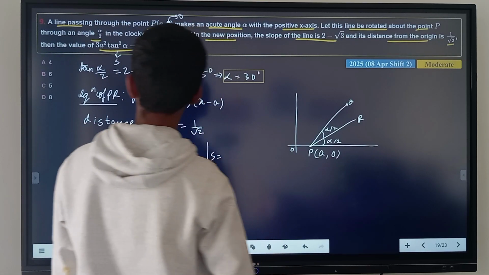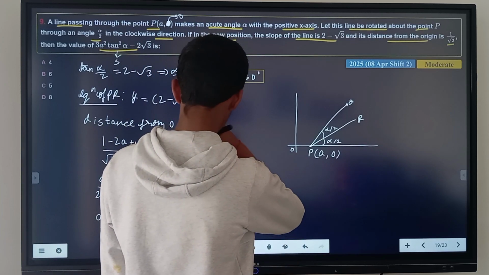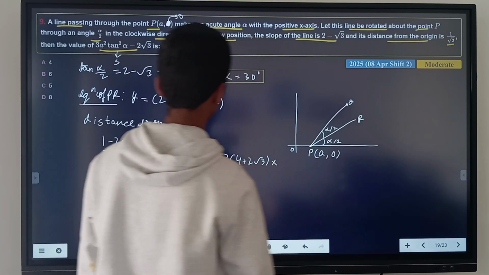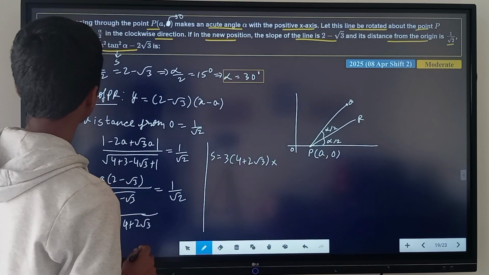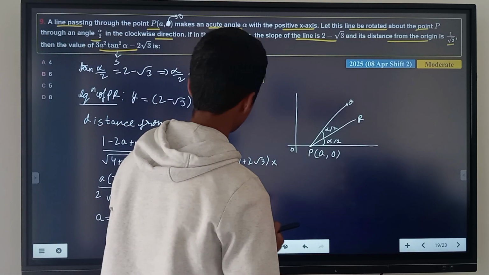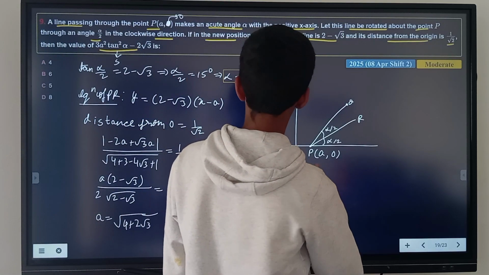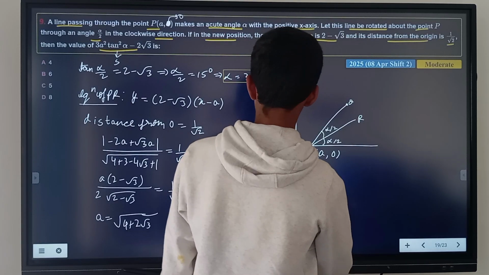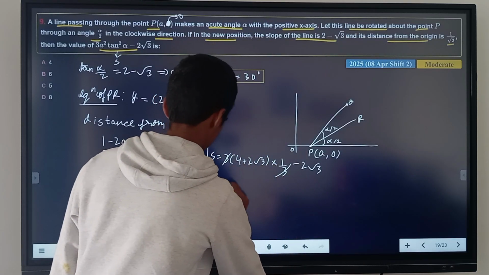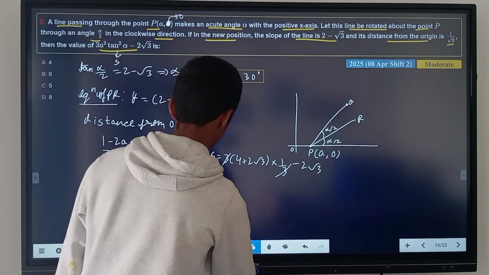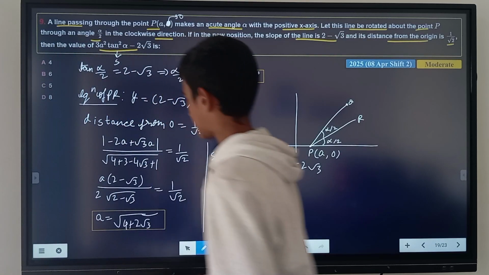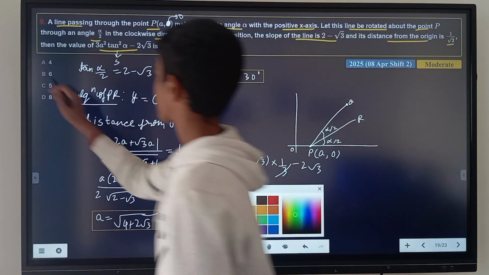Our s is equal to 3 times a square, which is 4 plus 2 root 3, into tan square alpha. Tan of alpha is 1 upon root 3, whole square, 1 upon 3. 3 and 3 will get cancelled out, minus 2 root 3. From here our s is equal to 4. So from here we can say that our answer is option A.